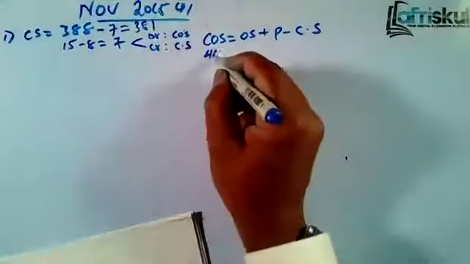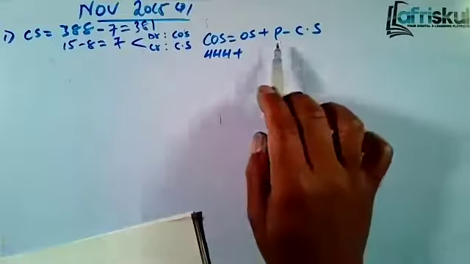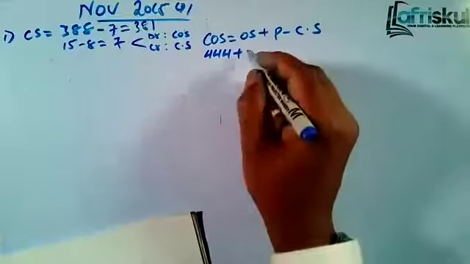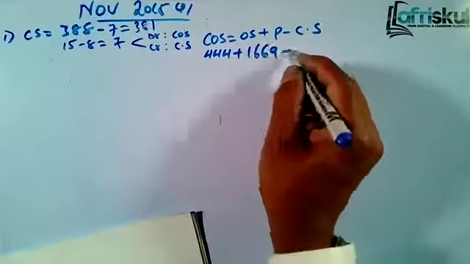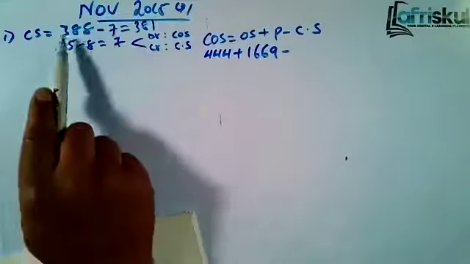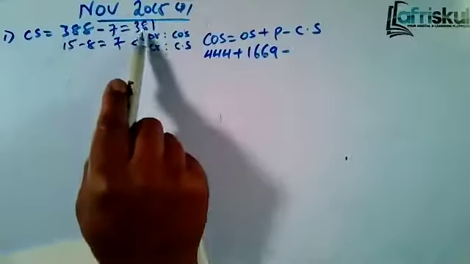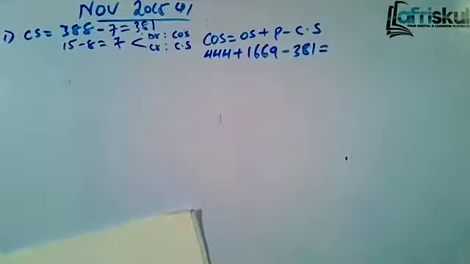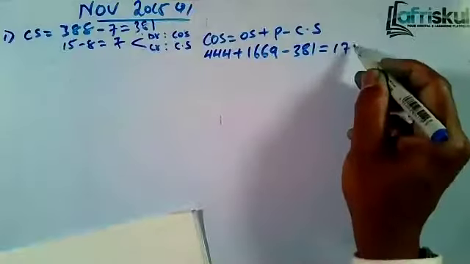You take 444, add the purchases, which I can see was 1669, and deduct the closing stock. In this case, don't deduct 388, just deduct 381. If you do that, you get 1732.